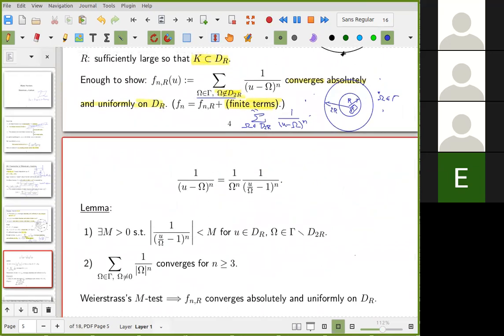Why should we exclude such finite terms?